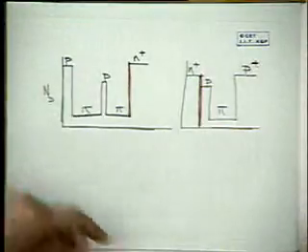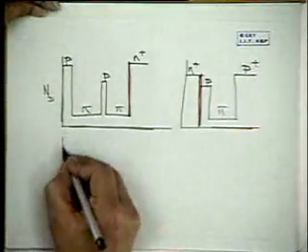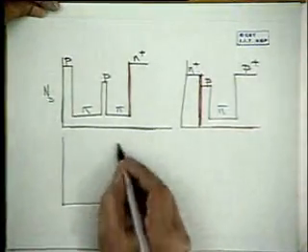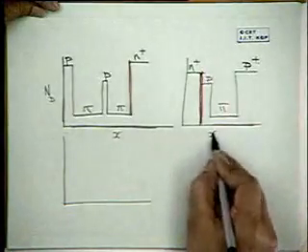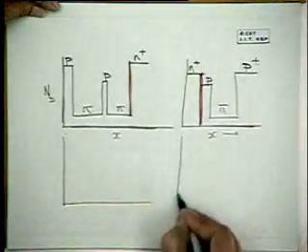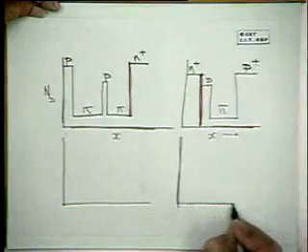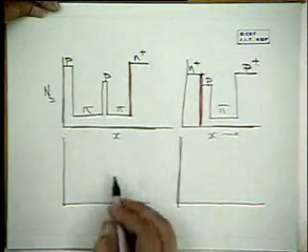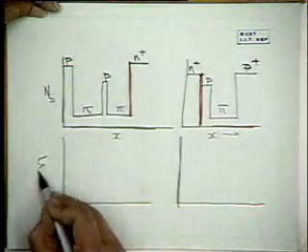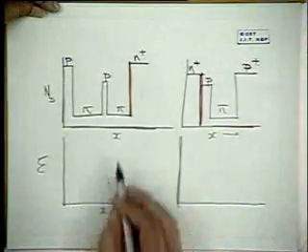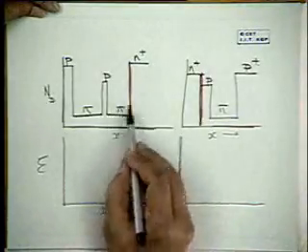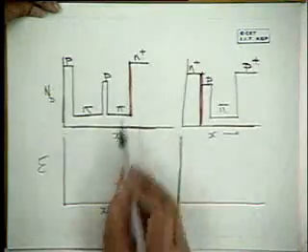It's interesting to analyze, this is X, what is the electric field profile? Because remember, the electric field profile determines where the avalanche takes place. This is the junction, so the high field will be in that region.